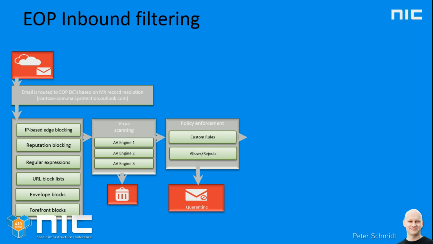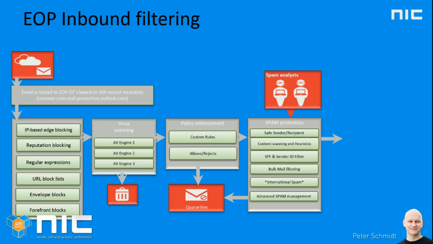Next step in this flow of mail will be any policies that we enforce. That could be certain transport rules that we want to set on the mail that goes into our organization. It could also be the step where we might want to enforce any of the DLP rules or anything like that. Our own allow and block lists, maybe. The last step is the spam detection.